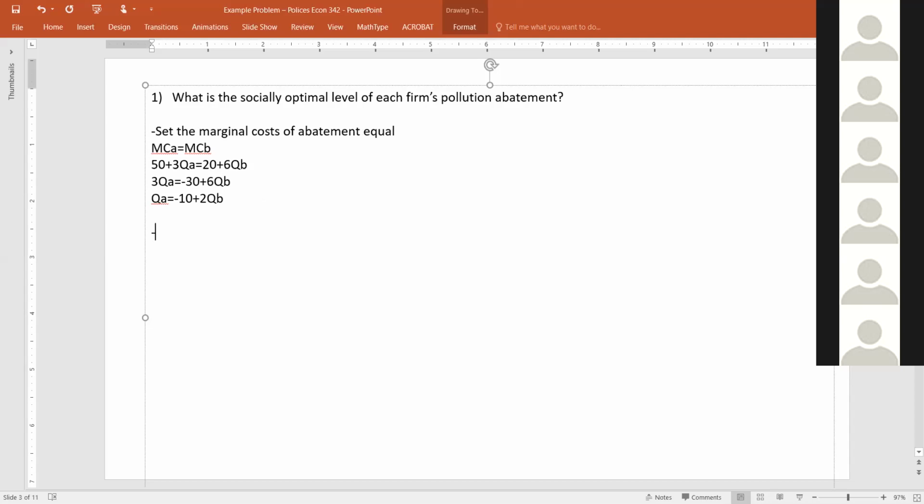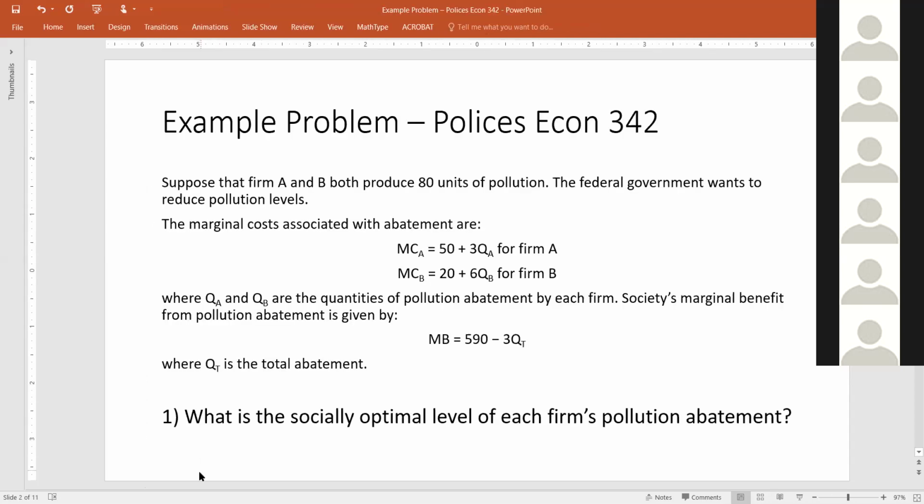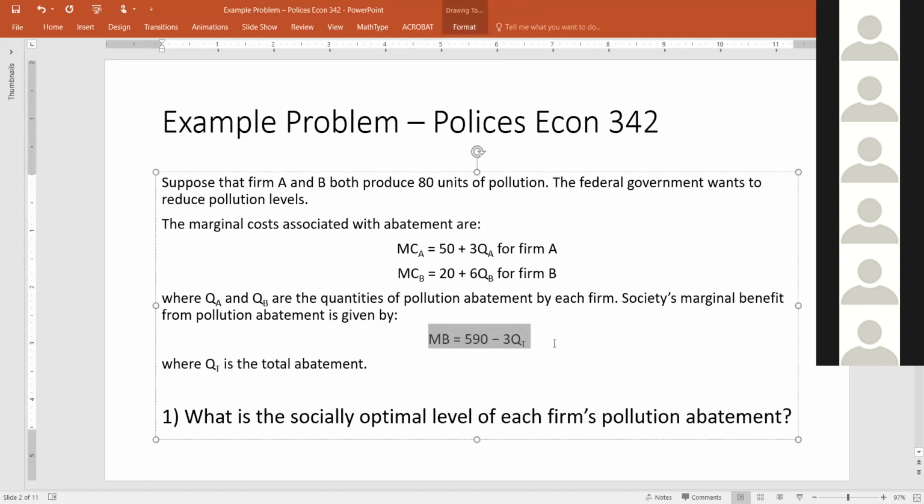So it's good that we have the marginal costs equal to one another, but we were given some more information in that problem. And pretty much all we do in econ is equate marginal cost to marginal benefit. So in that problem, we were also given this marginal benefit function.